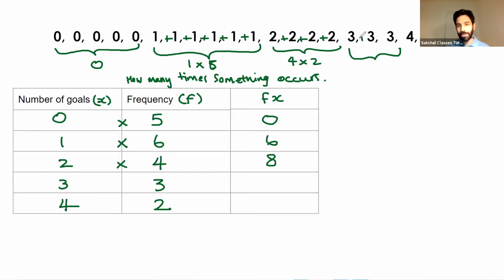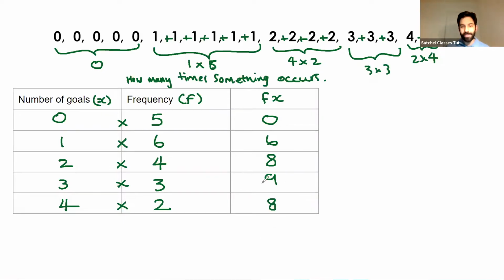Well, again, we could either do 3 plus 3 plus 3, or we could do 3 lots of 3s, which will give us a total of 9 goals. And lastly, we could do 4 plus 4, or we could say we have 2 lots of 4s, so we can simply rewrite this as 2 times 4, and that will give us a total of 8 goals.